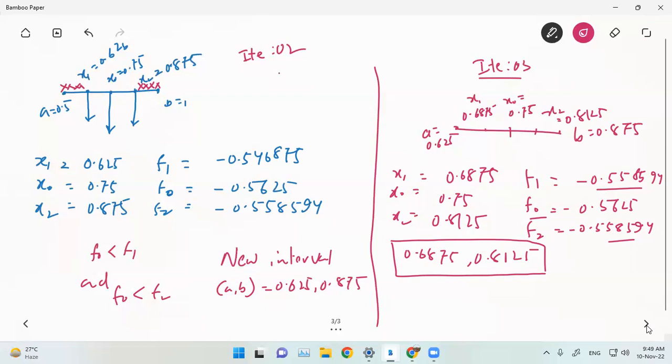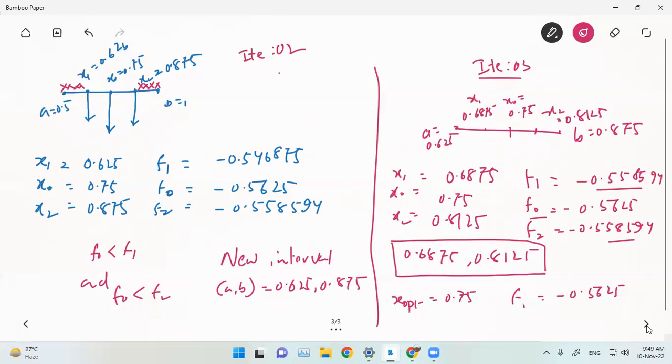So we can say that our x optimum here is the middle point, 0.75, and correspondingly f optimum is minus 0.5625. So this is the method of interval halving, which is even simpler than your dichotomous search.